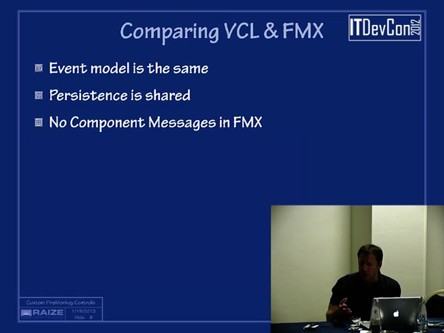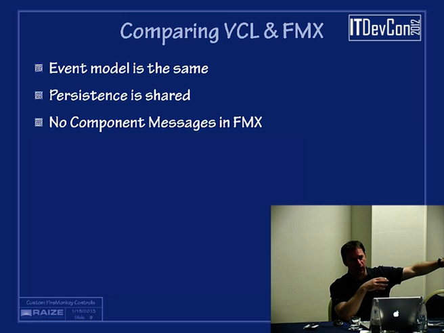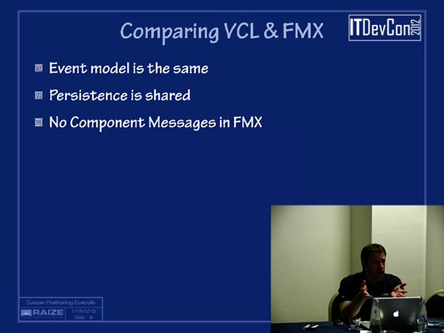One notable change is there are no component messages in FireMonkey. For those of you that are familiar with this, maybe you haven't seen it in a while, a component message is similar in concept to a window message. The idea behind it is that the TControl class in the VCL defines many of the common properties, like the font or the caption.